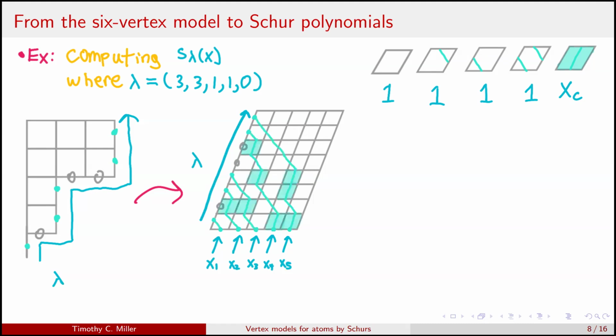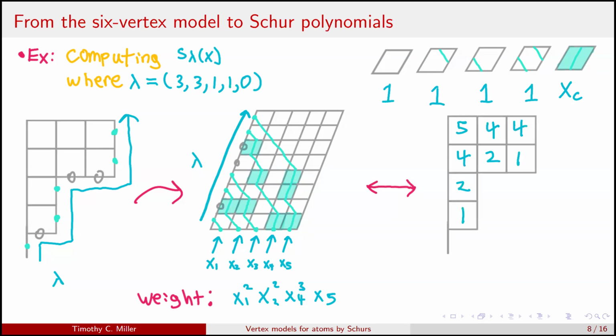We fill in all possible ways. And then, for example, this filling will have this weight because there are two shaded squares in column one, so it has x1 squared, two shaded in column two, so it is x2 squared, and so on. And these are also straightforwardly in bijection with a semi-standard Young tableau.